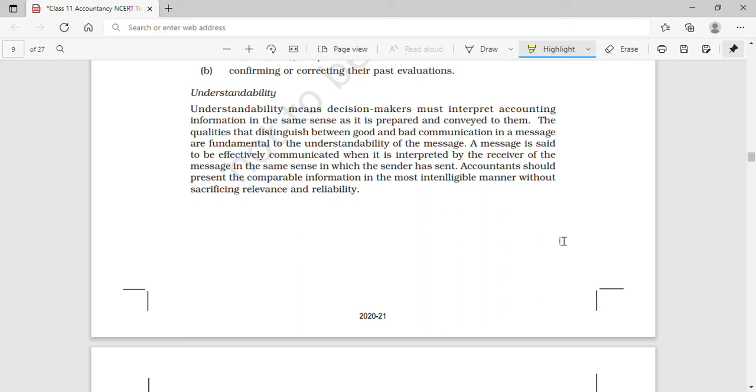If you give it to them in a messed up way, they won't understand, and they won't be able to give you the right picture or take any decisions in the company. They won't know whether the information is good or bad. That is what understandability means.